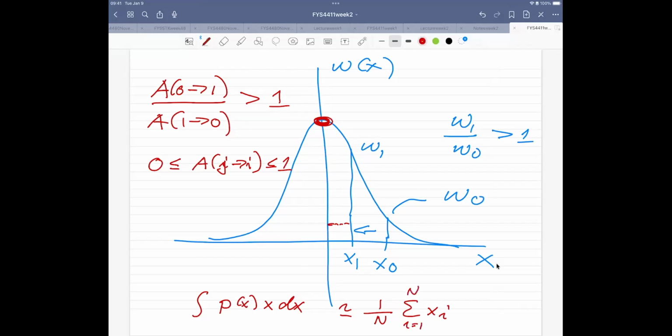So if I only accept moves to higher probability, suppose that to evaluate that integral you need, just to give an example, 1,000 integration points.